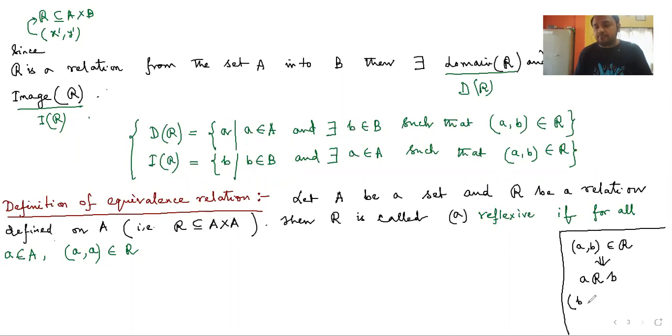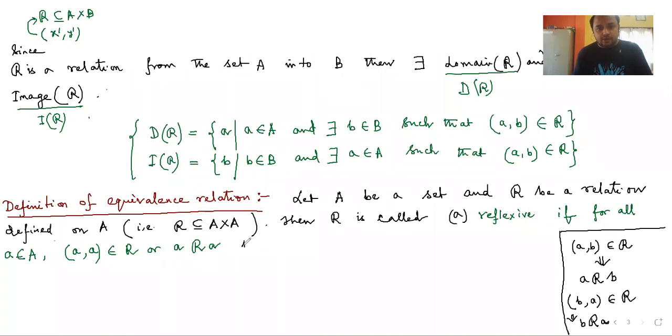And if we say that (b, a) belongs to the relation R, then we say that b is related to a. You have to know this notation, it is very important. So this relation R is called a reflexive relation if for all a belonging to A, the ordered pair (a, a) belongs to R, or a is related to itself. This is the criterion under which the relation R will be called reflexive.